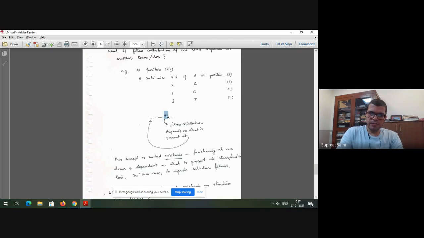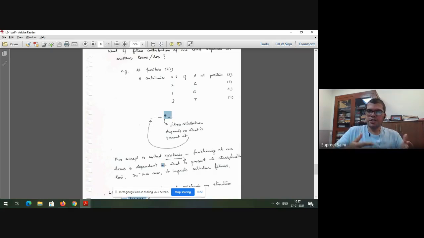The point is that the fitness contribution made by this particular locus, the third locus, is not only dependent on the nucleotide present on this locus. The fitness contribution of this A is dependent on what is present on the first locus. This concept is called epistasis.